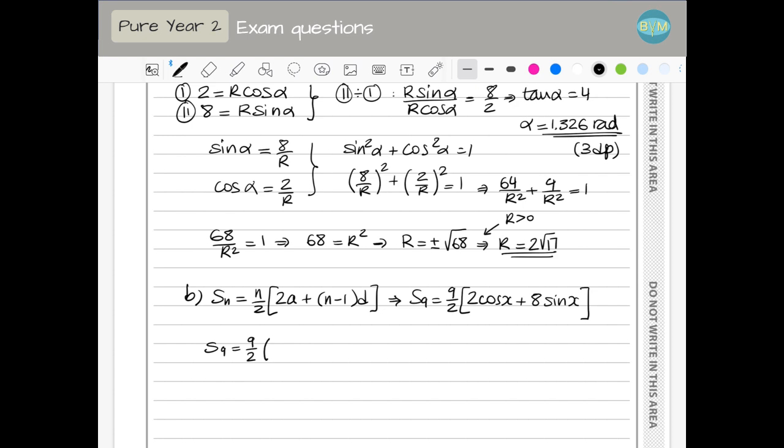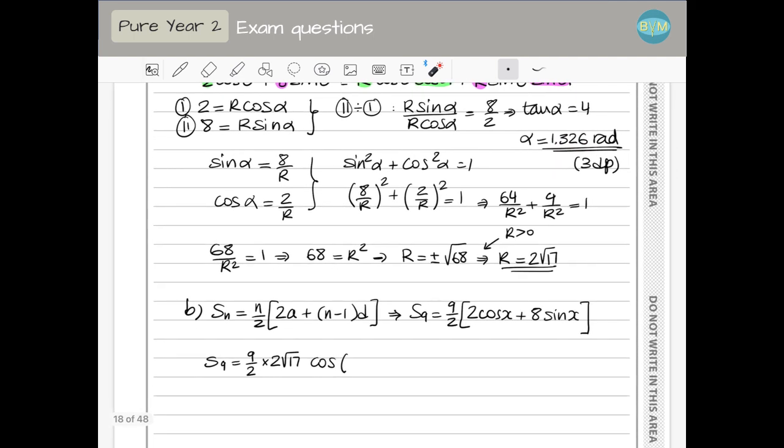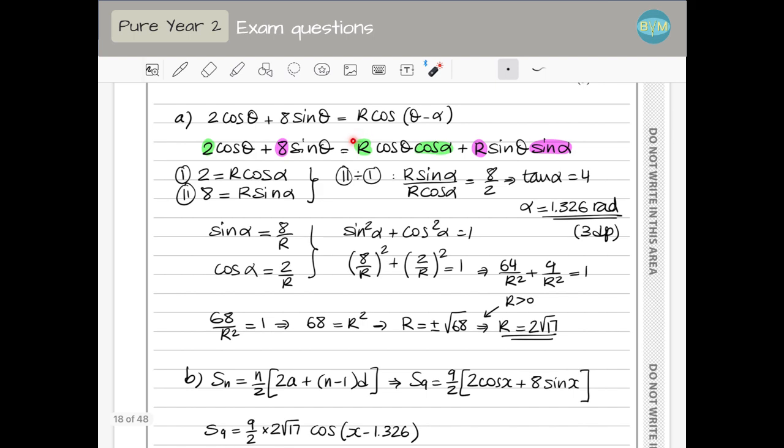So I don't need brackets. So r is 2 root 17, cos of (x minus alpha). This is our alpha, so x minus 1.326. That's why we are doing this thing here.